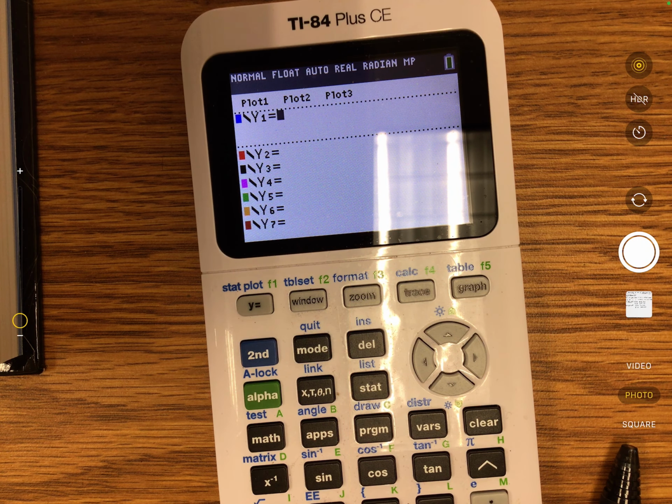We're trying to find when this is equal to 0, so let's grab this. Calculate, 0.